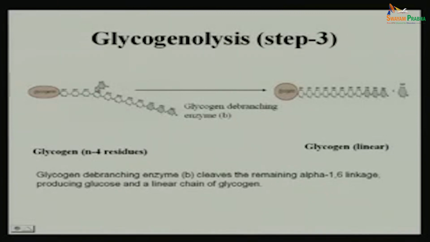Now, this 1 glucose moiety which is left, the debranching enzyme B cleaves this 1,6 glycosidic linkage and makes this glucose free, and it becomes once again a linear chain. The linear chain will again start breaking down the glycogen molecule, giving a continuous supply of glucose to the system.